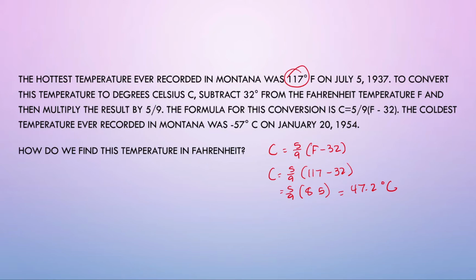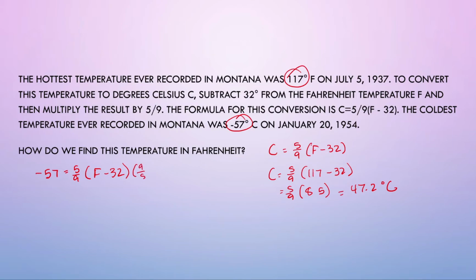Now, if we have the temperature in Celsius and we want to solve for Fahrenheit, we can do the same thing, except put the negative 57 in for Celsius. And then we have to solve for Fahrenheit. So we would undo every step.